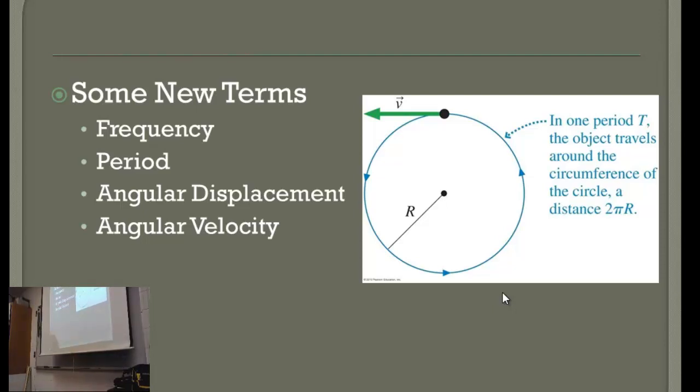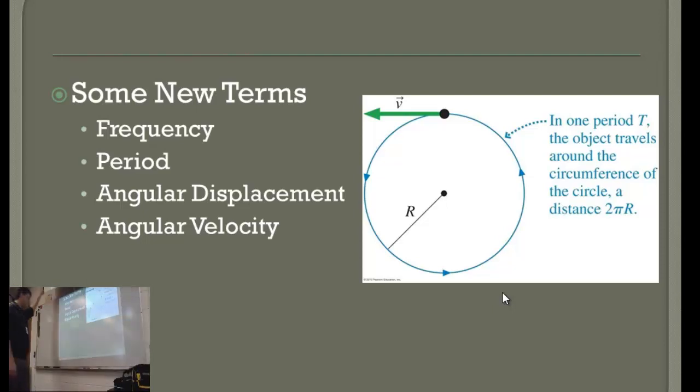For example, take the equation VF equals AT plus V naught. We are going to get the new equation omega final equals alpha T plus omega naught.